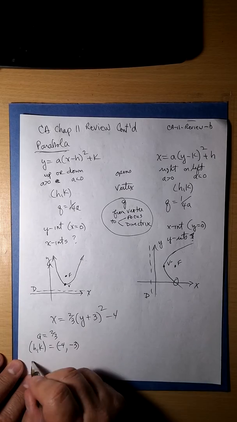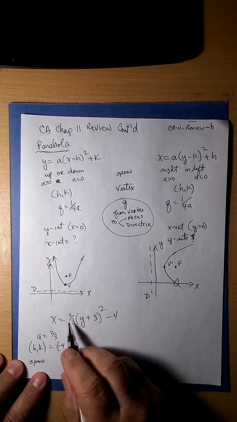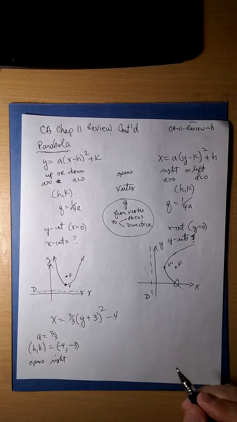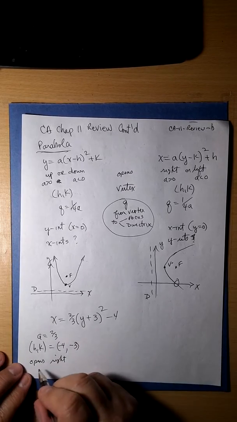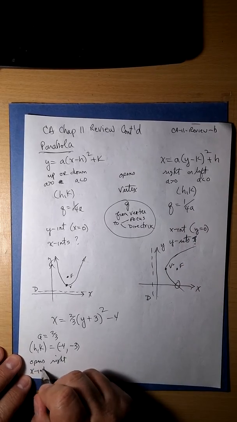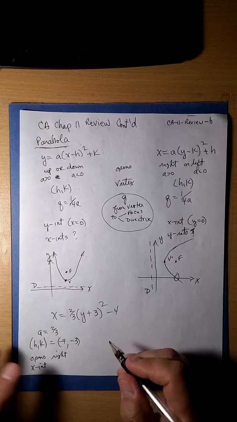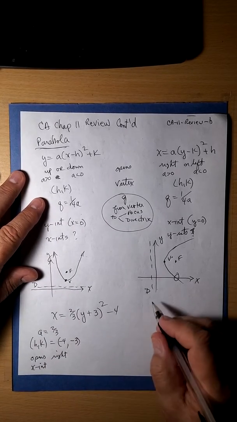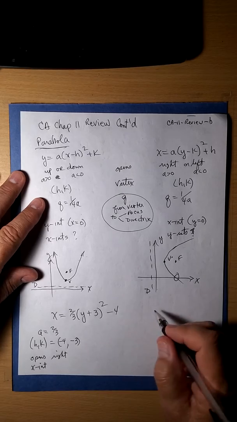Also, we know it opens to the right. This one will have an x-intercept, so we put in a 0 for y.